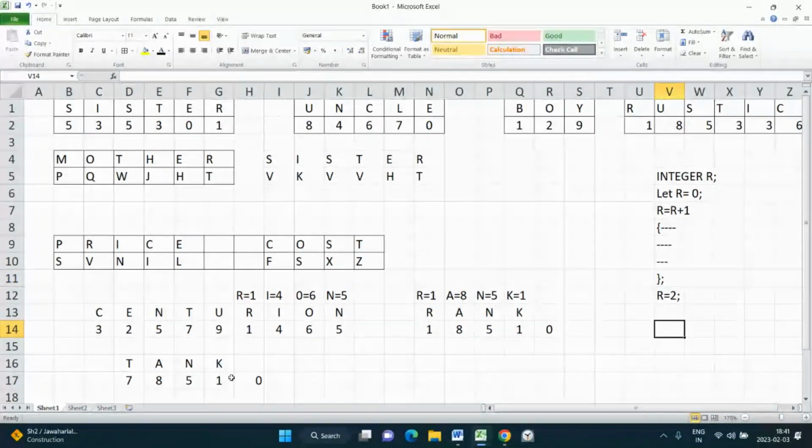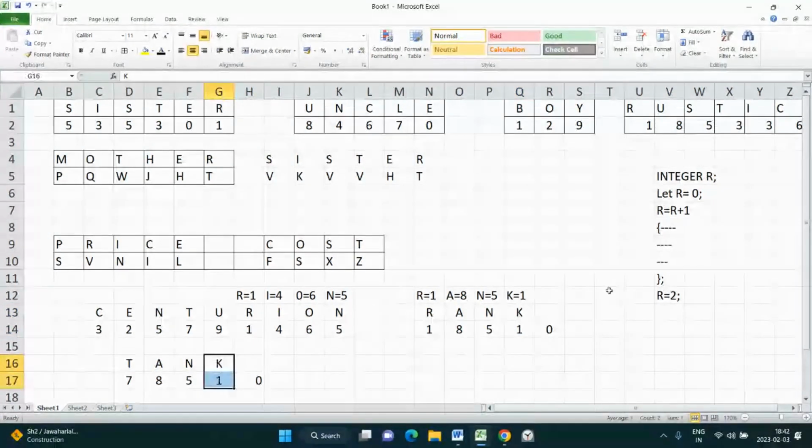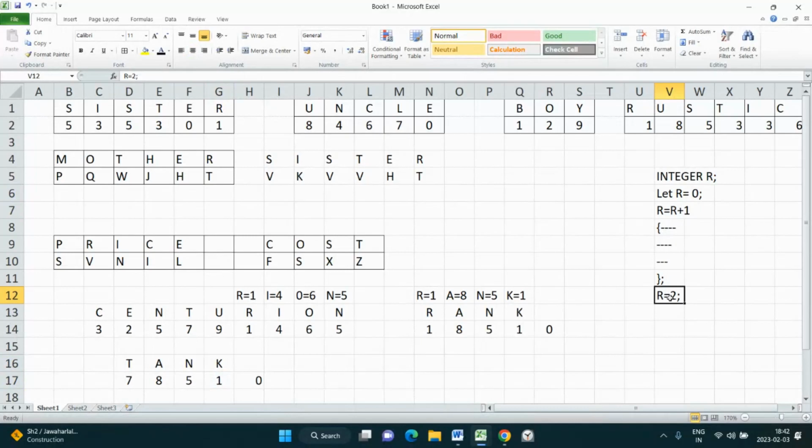So in such cases, when it was R1, this is R is equal to 1. Here it is K is equal to 1. They have taken K is equal to 1. This is R is equal to 1. Here they said K is equal to 1 now. I am taking this as K is equal to 1.